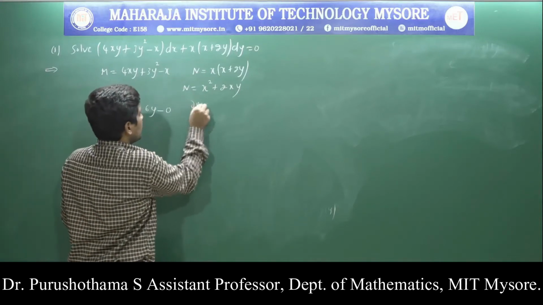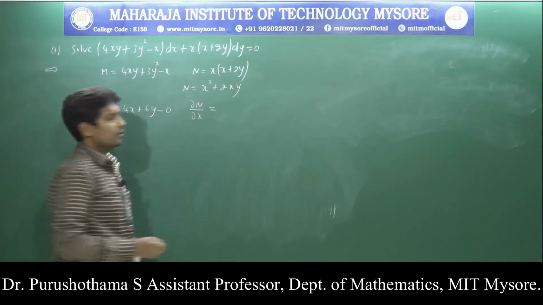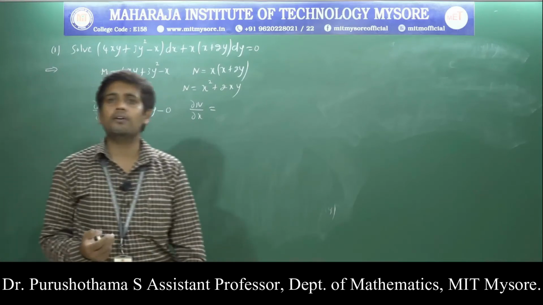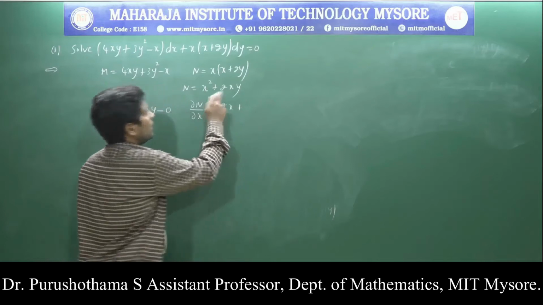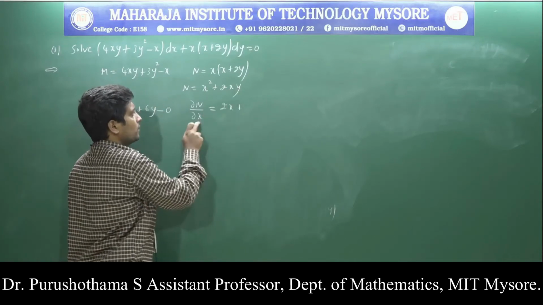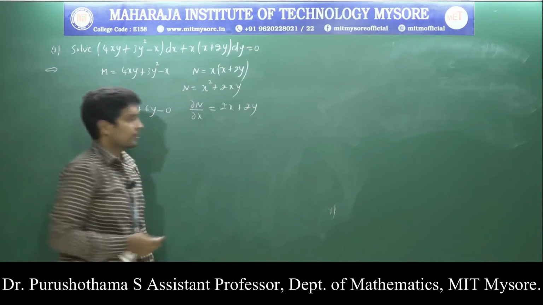In the next line, the partial derivative of N with respect to x is 2x plus the differentiation of 2xy with respect to x, which is 2y.